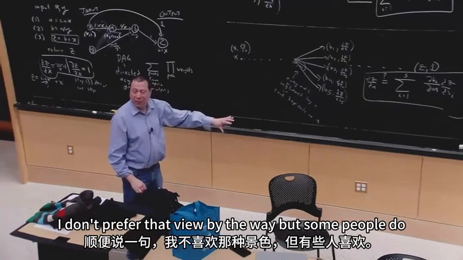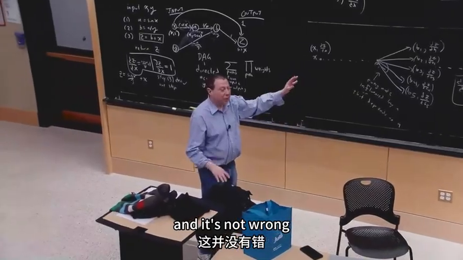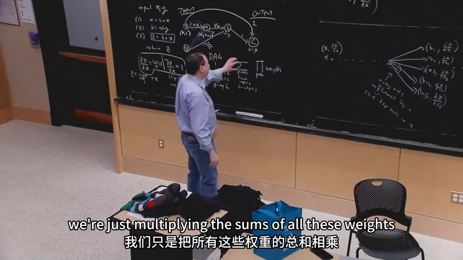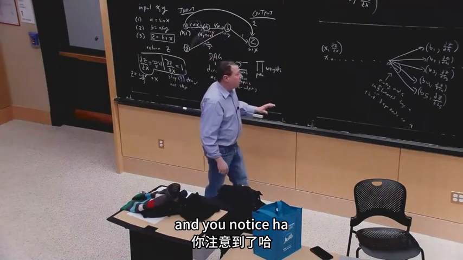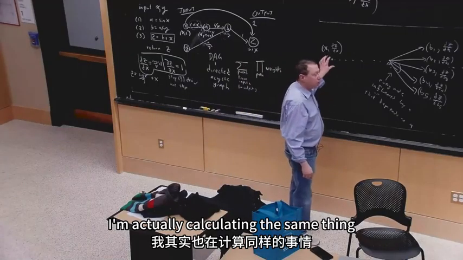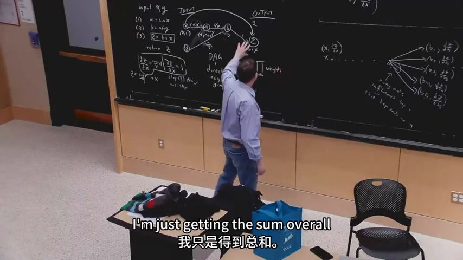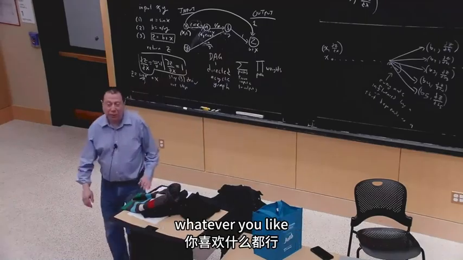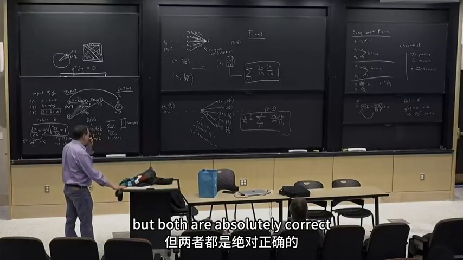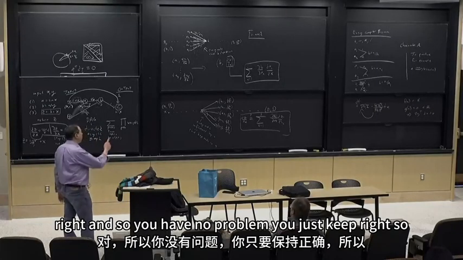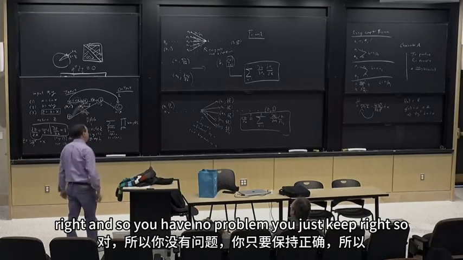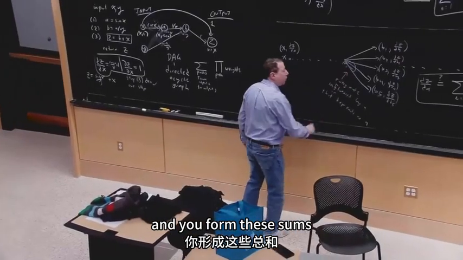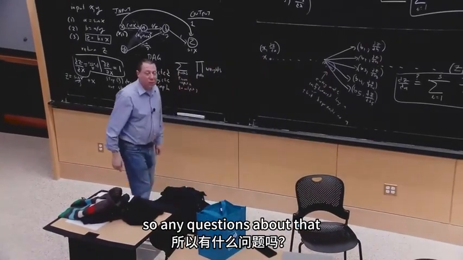I don't prefer that view, by the way, but some people do, and it's not wrong. Or you could see it as multiplying the sums of all these weights, and by the time I get here, I'm calculating the same thing: the sum over all the paths of all the weights. You get to look at it both ways, whatever you like, but both are absolutely correct. So you just keep moving your way through the graph, and you form these sums. Any questions about that?